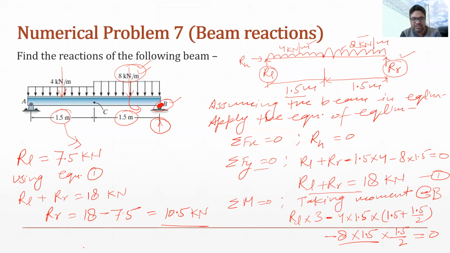So RL is 7.5, RR is 10.5, and RH is again 0 because there is no horizontal load. That is the solution of this problem.